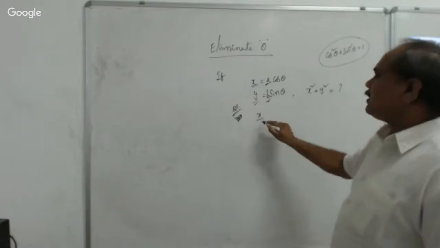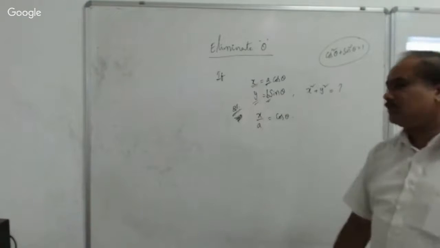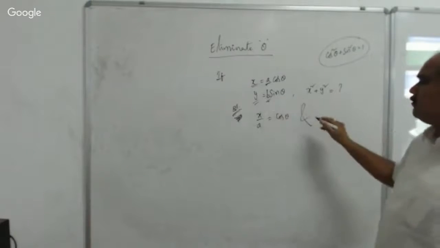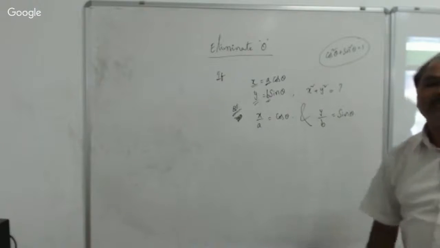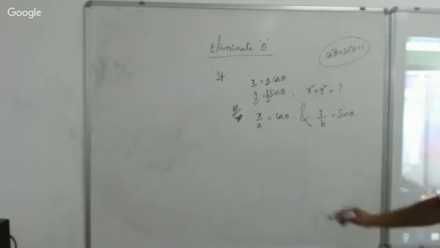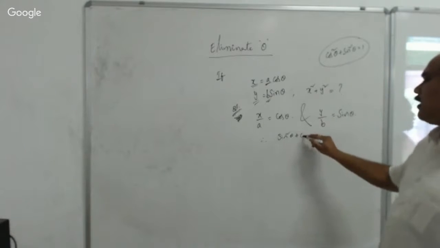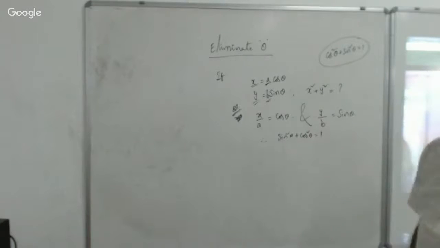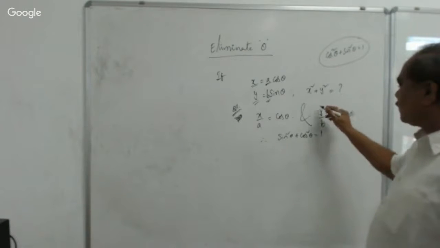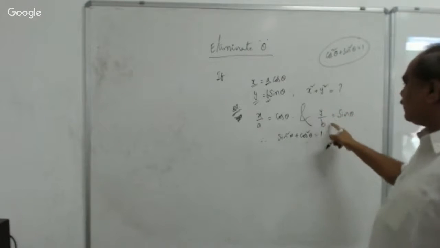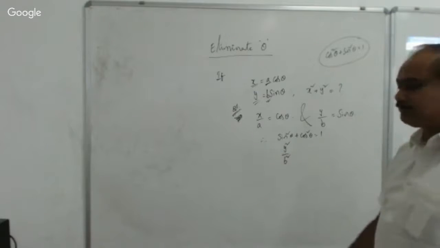You can write this first equation as x by a equal to cos theta. And second, y by b equal to sin theta. We know that sin square theta plus cos square theta equal to 1. Now, sin theta means y by b, so sin square means y square by b square.